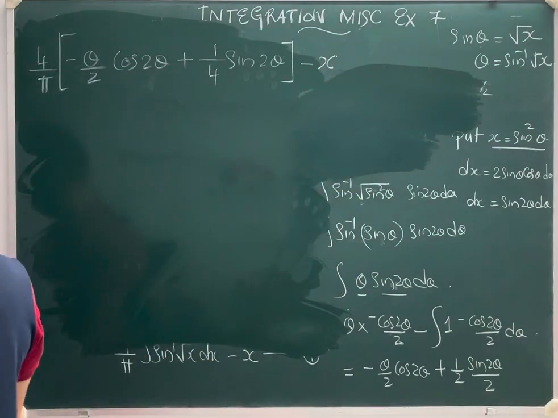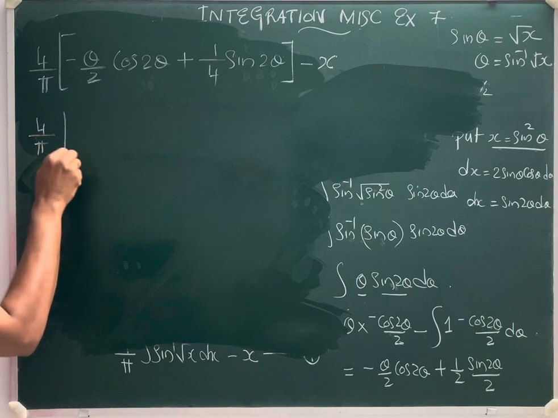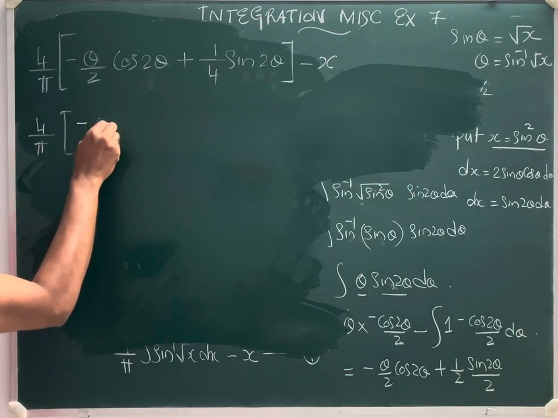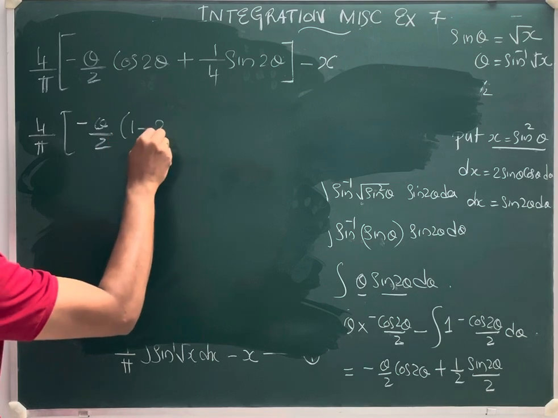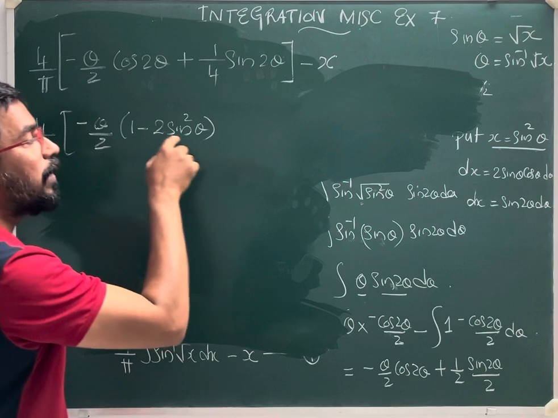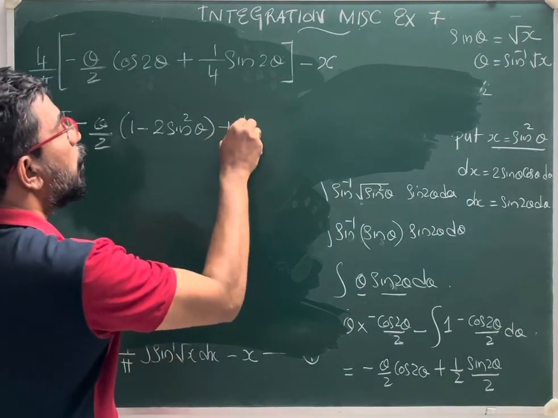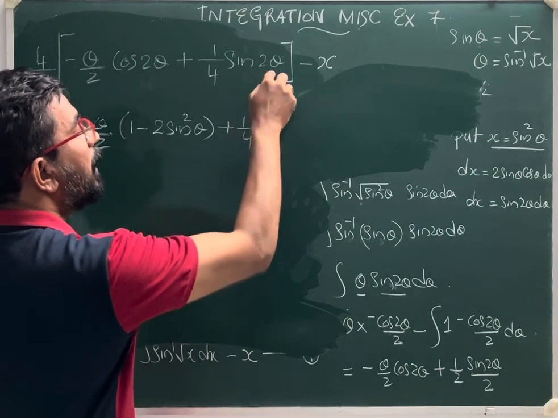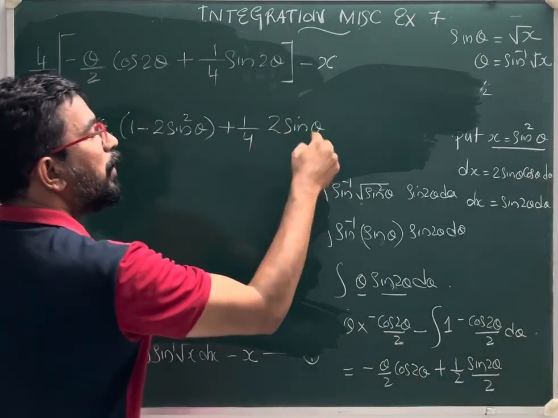What we do is, I will write it like this: (4/π − θ/2) times (1 − 2 sin²θ), since cos 2θ is 1 − 2 sin²θ, plus 1/4 sin 2θ, which can be written as 2 sin θ into cos θ.